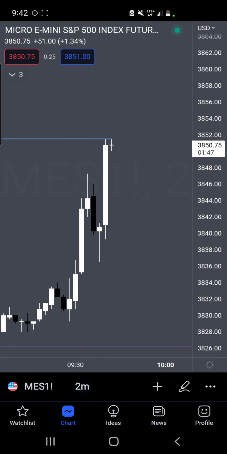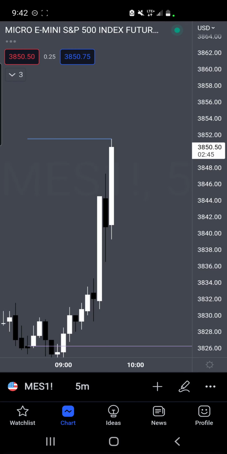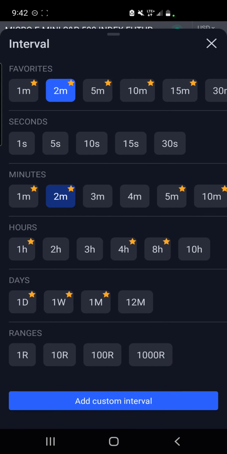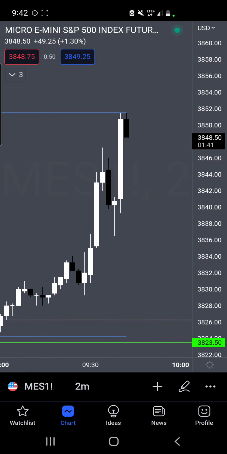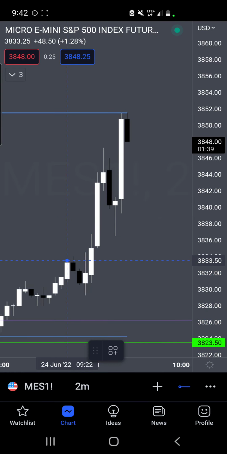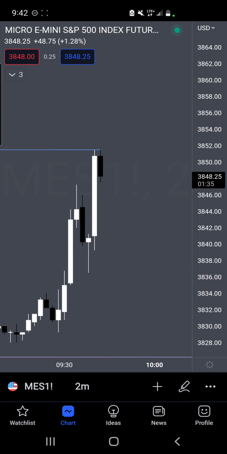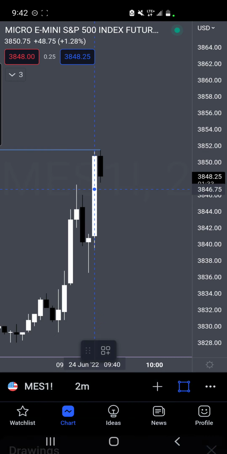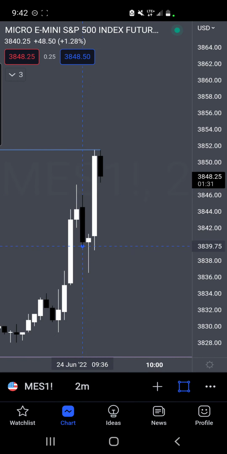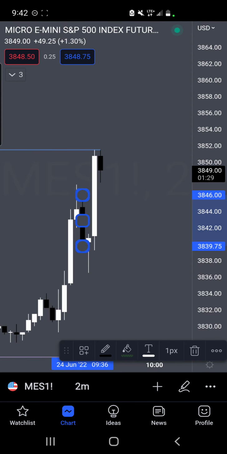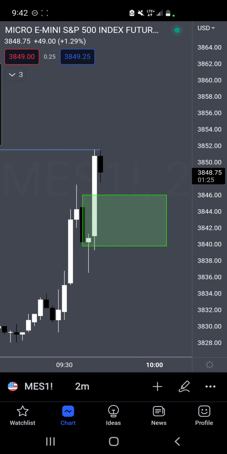And now, if price is really bullish or being supported on this 2 minute, did we ever come back down to this? We didn't really come down to test this order block. So now we should see if price can be supported at this OB and gap.